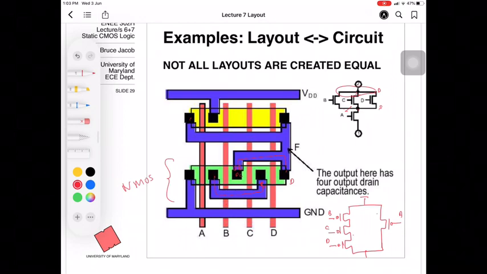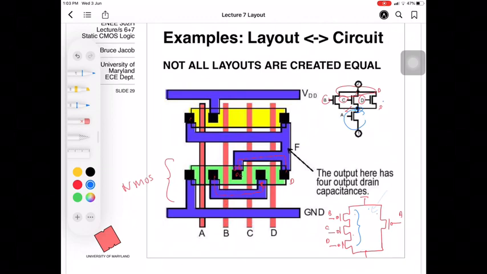For the PMOS, we have to draw the circuit, and I have already drawn the circuit here. This is the circuit for the PMOS. This PMOS is complementary. So if B, C, D are in parallel here in the NMOS, in the PMOS they should be in series, and A, which is in series with BCD, should be in parallel with BCD.